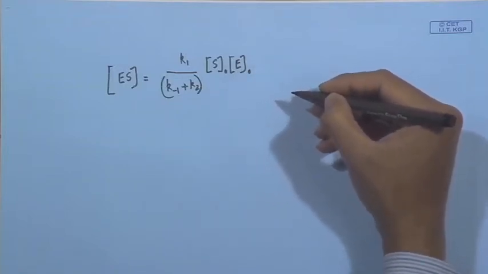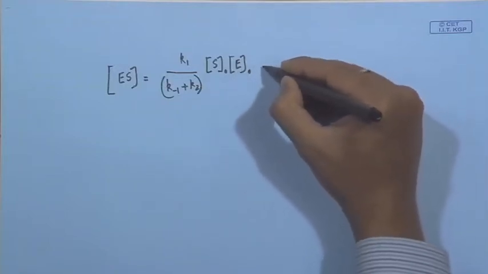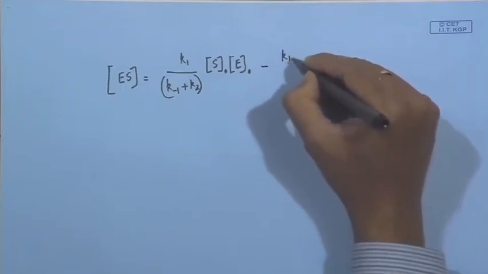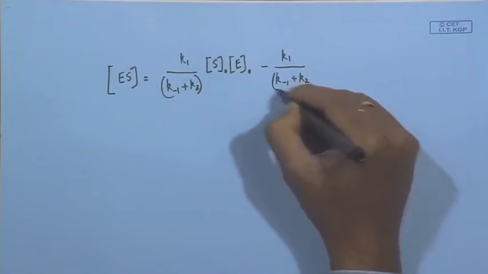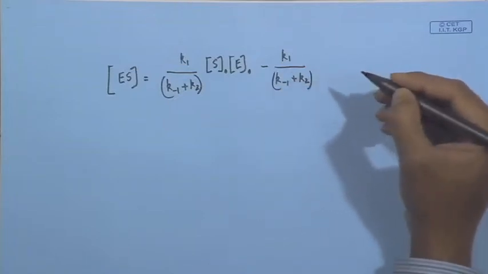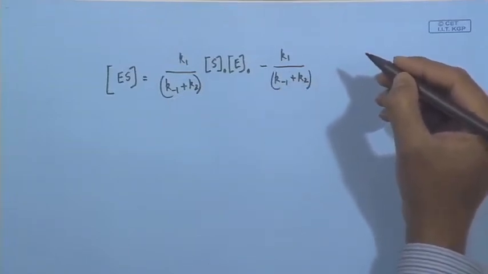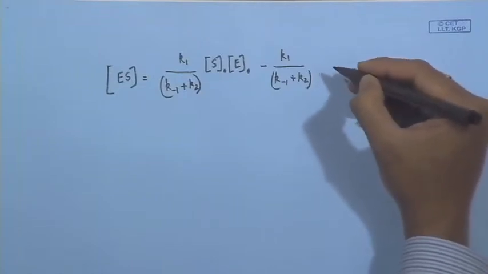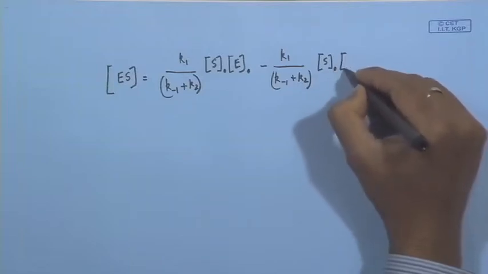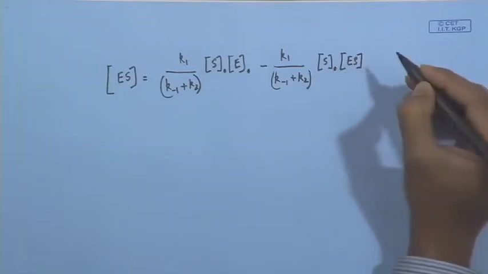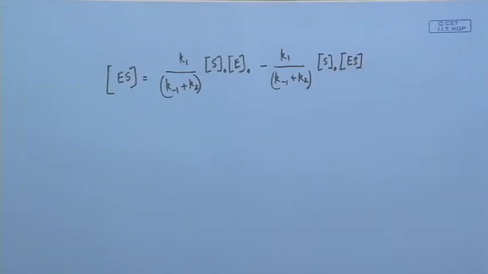This is one term. Another term will be minus k1 by (k minus 1 plus k2), with a minus sign, then S0 into ES.